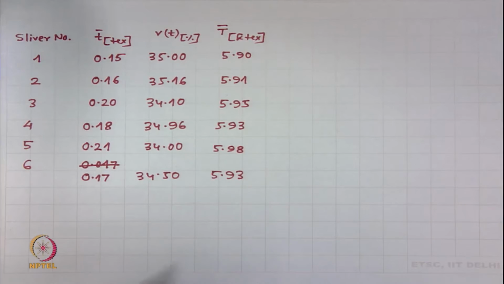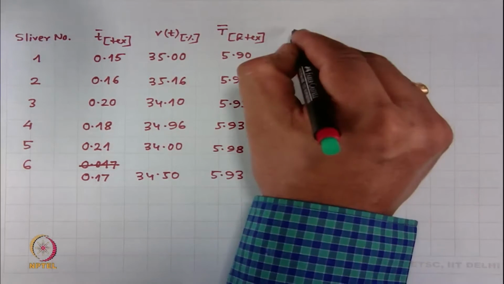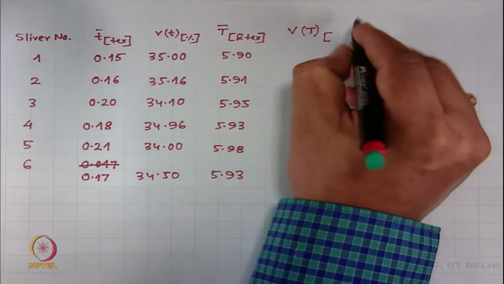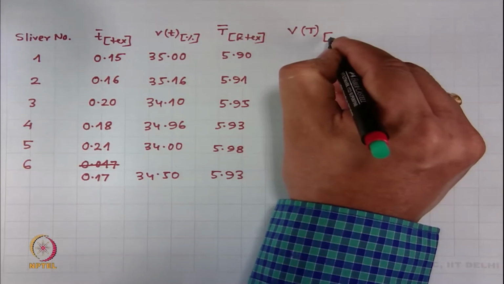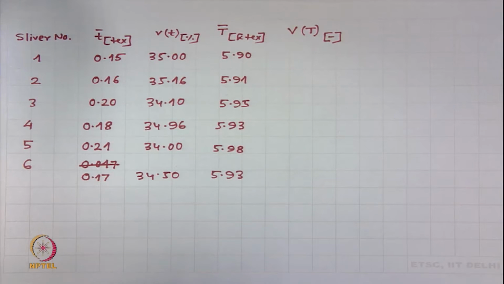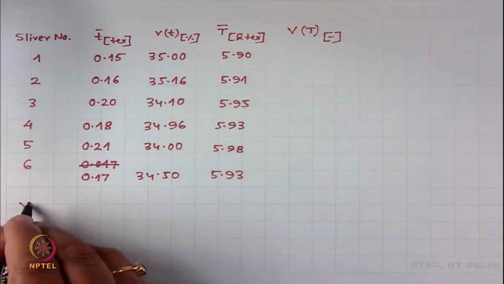So, we have to first find out this mean dimensionless quantity using Martindale's formula. What is Martindale's formula?